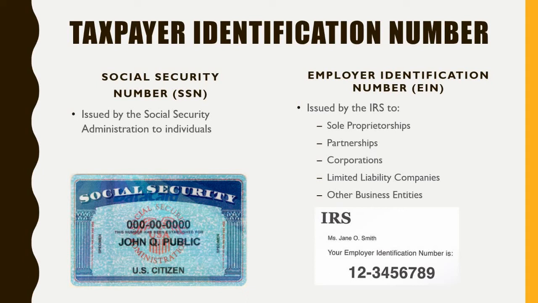Now, when we have an employer identification number, it is very important that we identify the company as a company, right? So that's what an employer identification number does: it identifies that this is the company, and this is the number that we use to keep track of the tax.